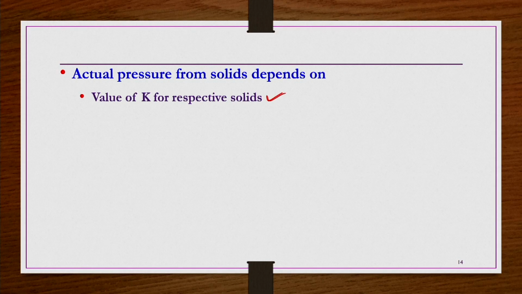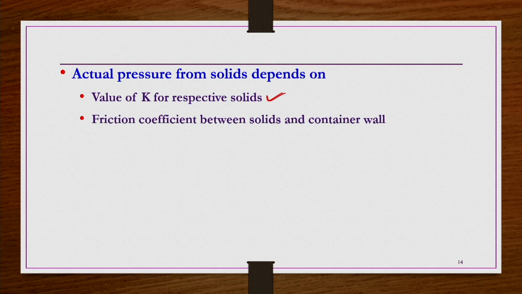So the actual pressure from solids depends on the value of K for the respective solids, and then the friction coefficient between solids and container wall, because that friction is offsetting some of the weight of the material. So it is reducing the overall pressure because of the solids.